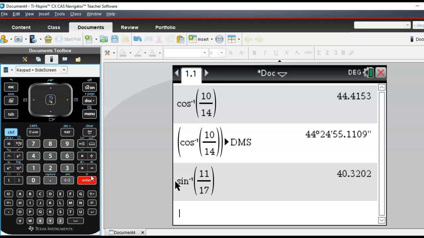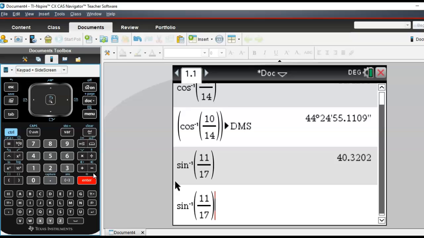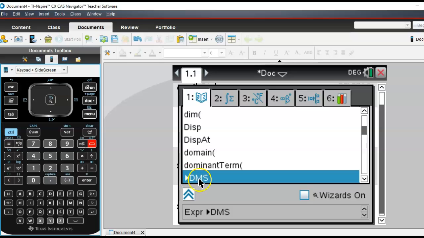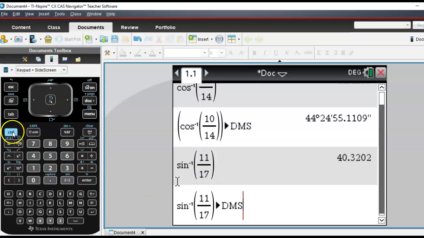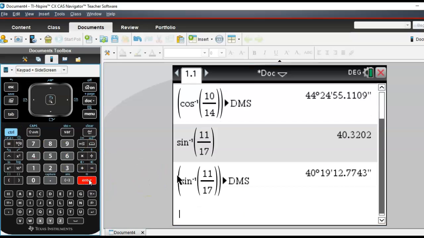So theta is 40.3 degrees, and if I was writing that as degree minute second, get up my book, degree minute second approximately equal to, that is 40 degrees 19 minutes and closest to 13 seconds.